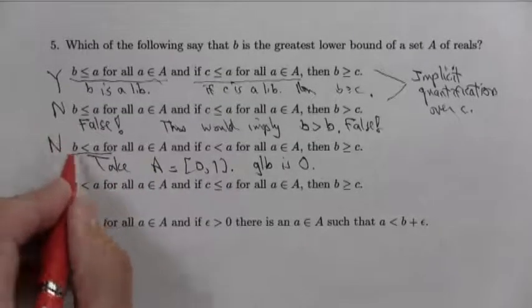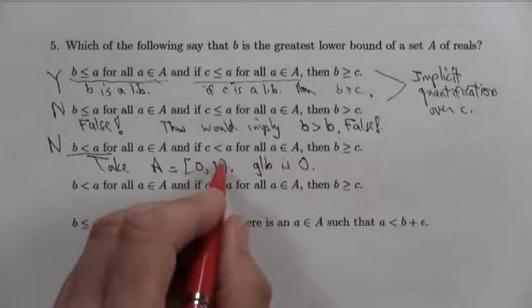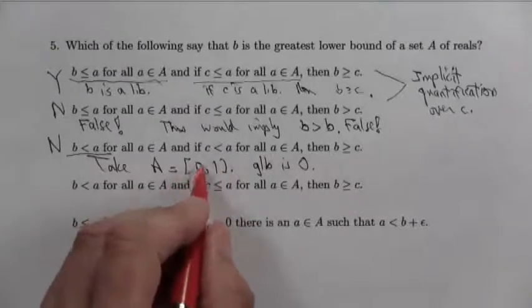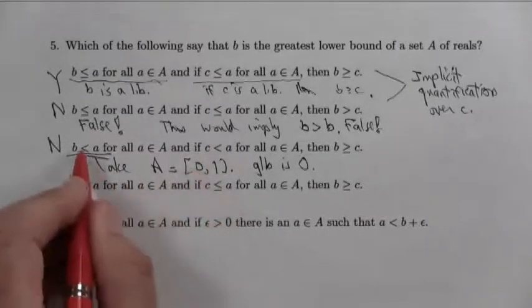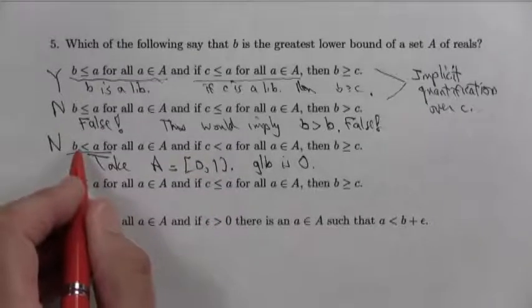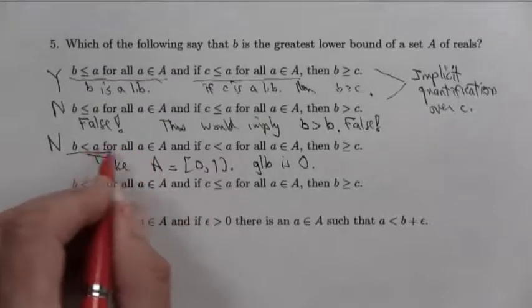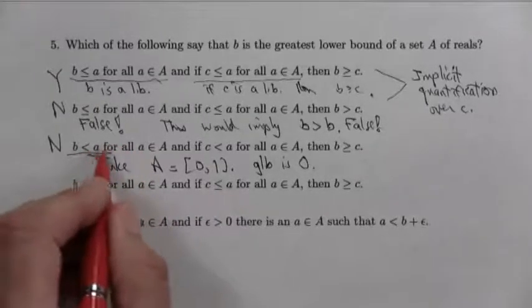So that one doesn't capture it. I mean, I took this one in particular just to have something specific, but any set with a minimal element will be a counterexample. Because if there's a minimal element, that minimal element will be the greatest lower bound, and it's not strictly less than everything in there. So we can't capture greatest lower bounds if we include strict less than.